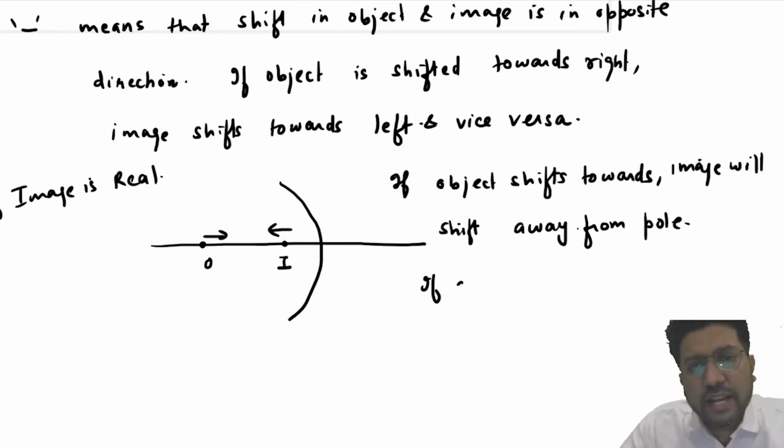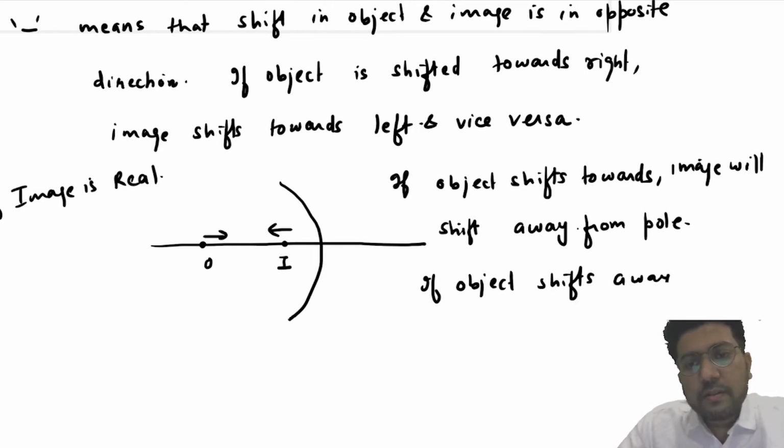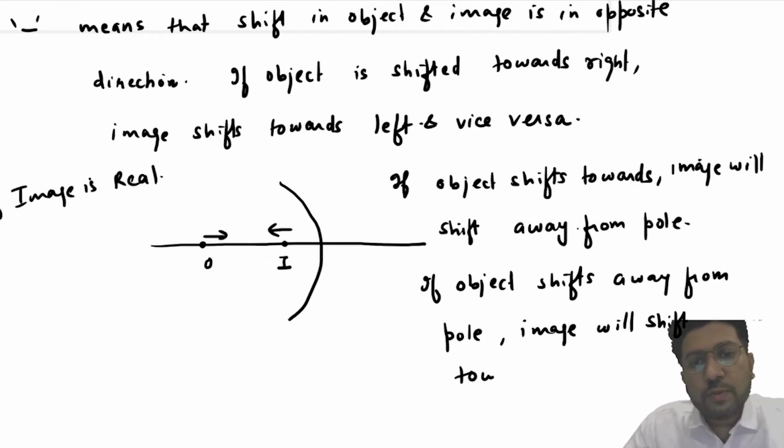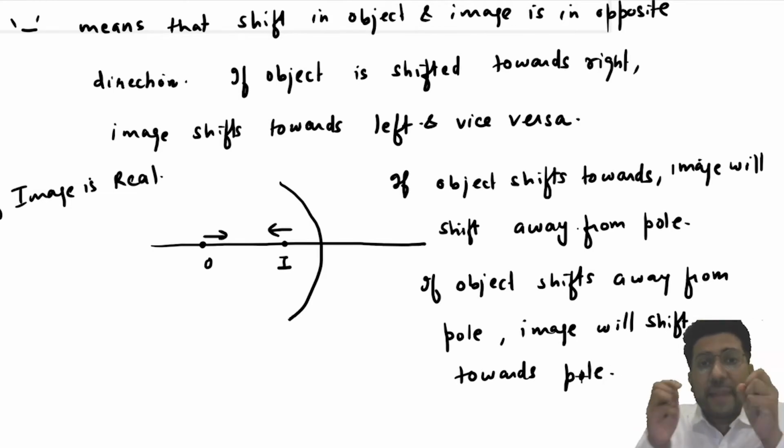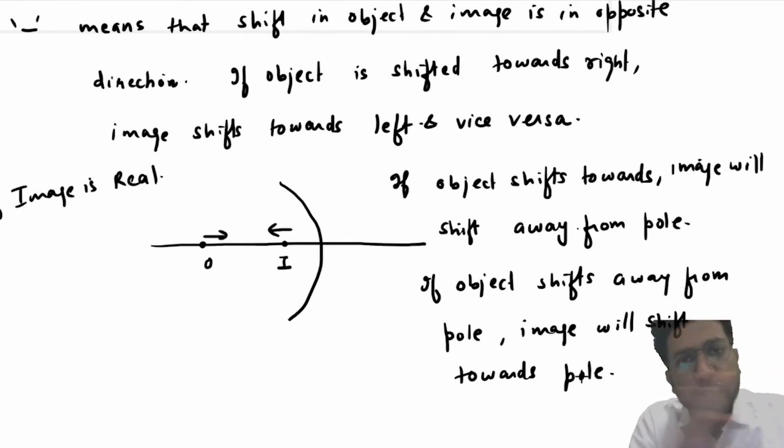Similarly, if object shifts away from pole, then image will shift towards pole. Okay, so the basic thing is when object moves towards right, image will move towards left, right?